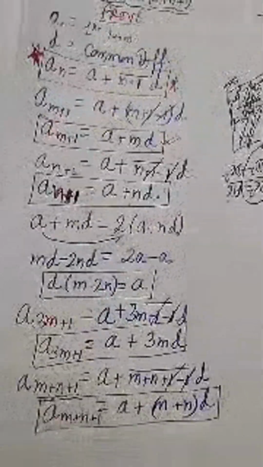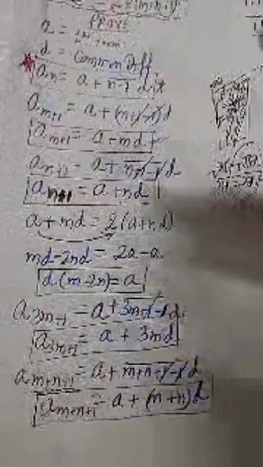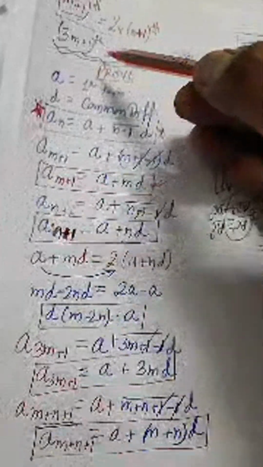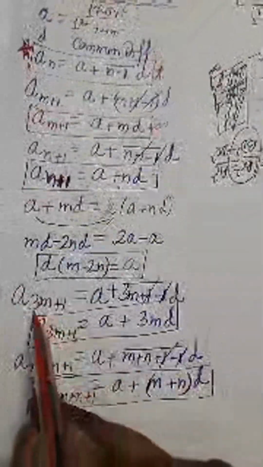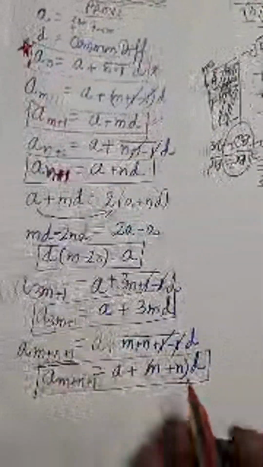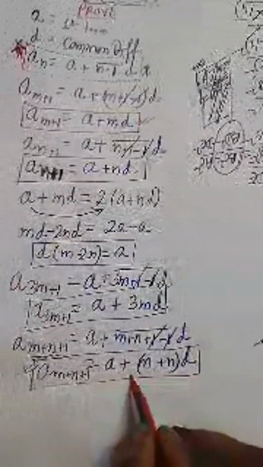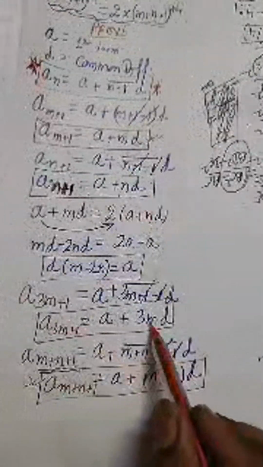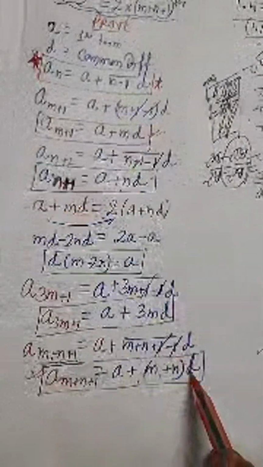Now this term 3m plus 1 should be equal to 2 times m plus n plus 1, right? So this should be equal to 2 times this. So let us find the value of this. Here you can see a plus 3md, and here a plus m plus n into d.